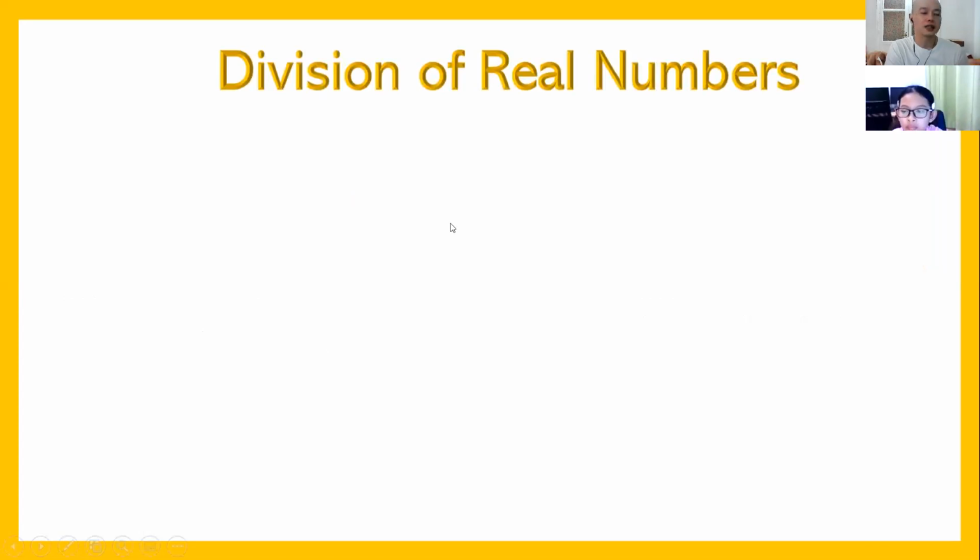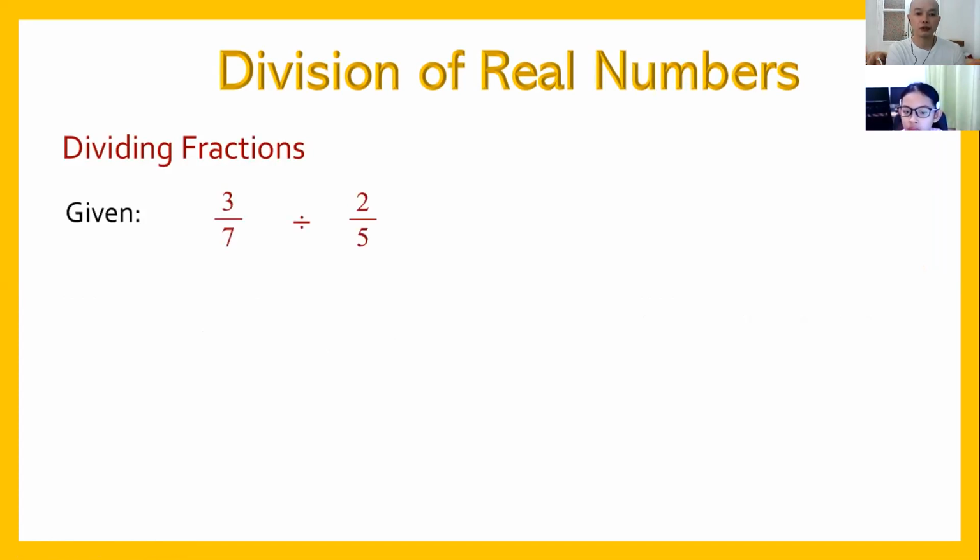I taught you already before how to divide whole numbers, but I haven't taught you yet with fractions. So, for example, dividing fractions, given you have 3 over 7 divided by 2 over 5. How will you do that?